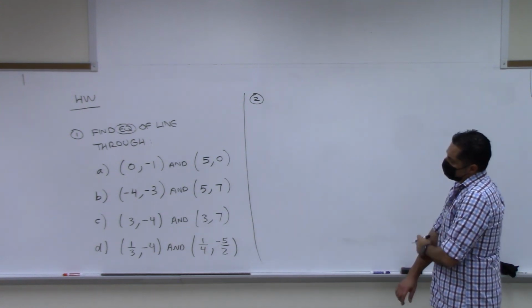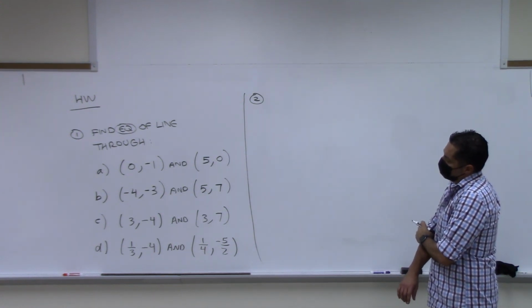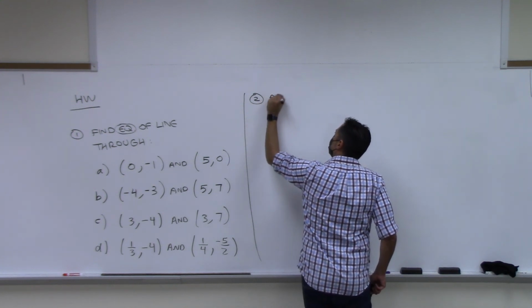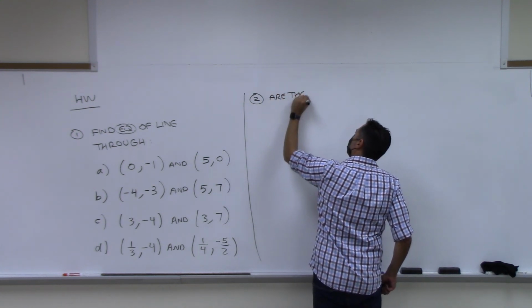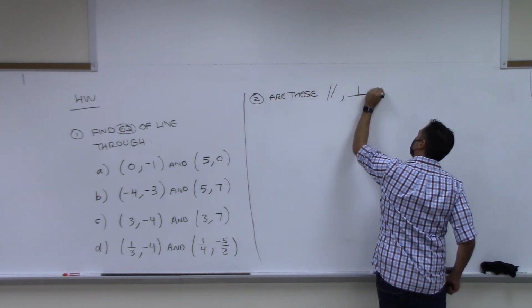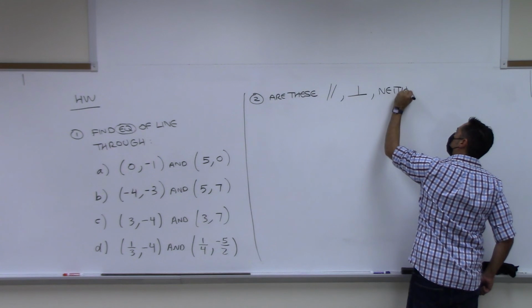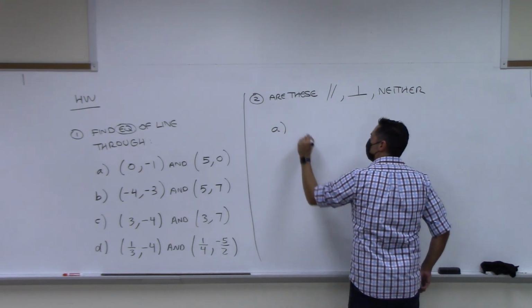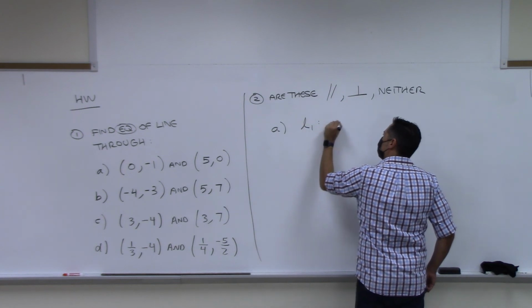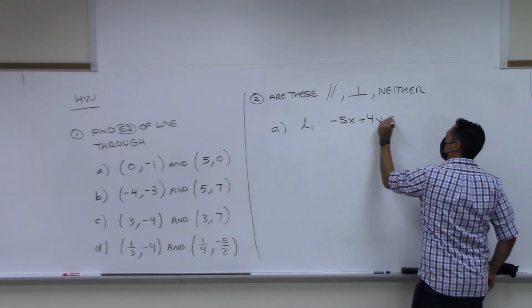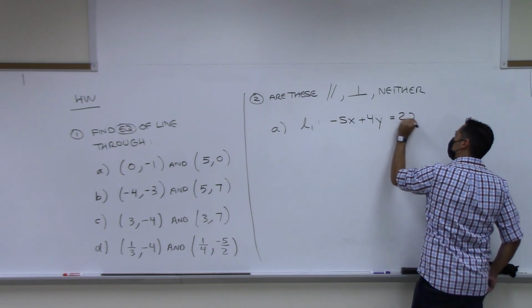Okay. The second thing I want you to do is, let's see here. Are these parallel, perpendicular, neither? And I'm going to give you a couple of these, just maybe 2 of them. So L1, -5x plus 4y equals 20.